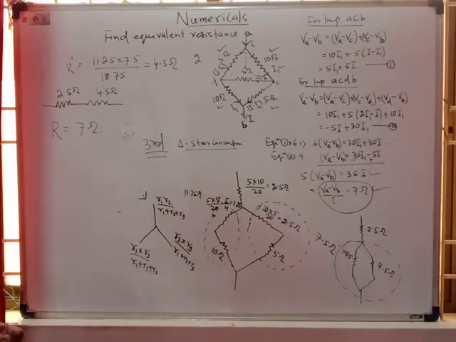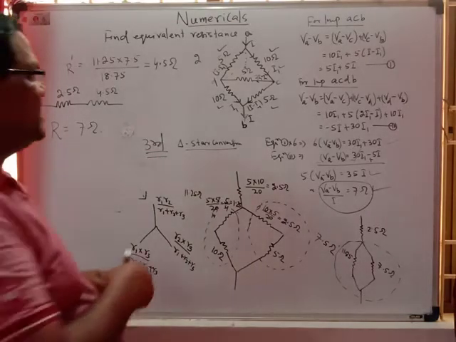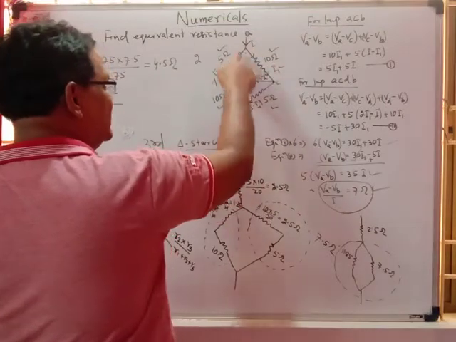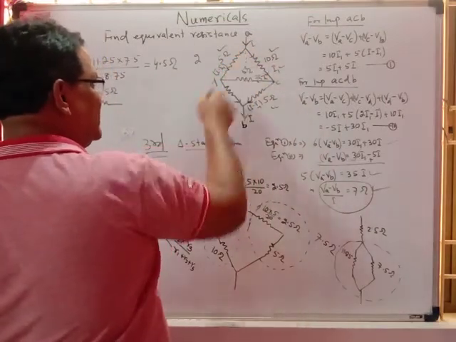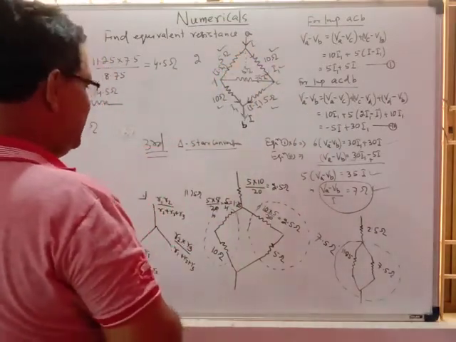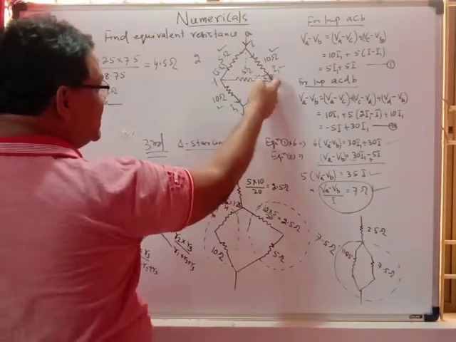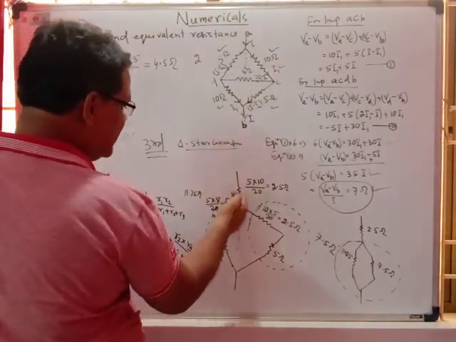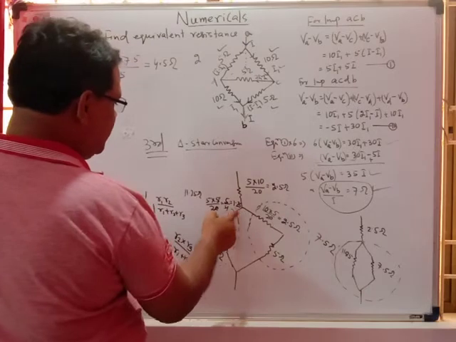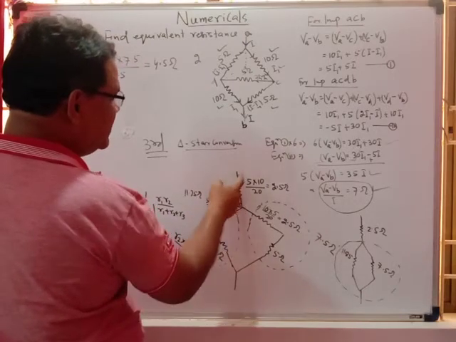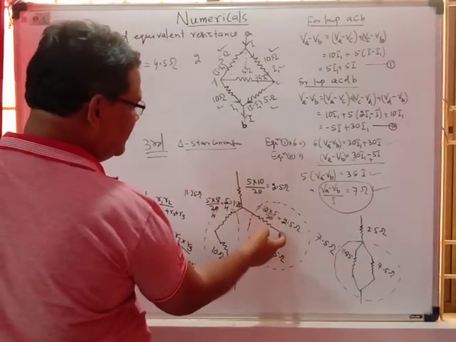This is the star delta method. Star delta conversion means this is actually the delta, and this delta is converted like that in the form of the star. So this will be 11.25, this will be 2.5, and this will be 2.5.